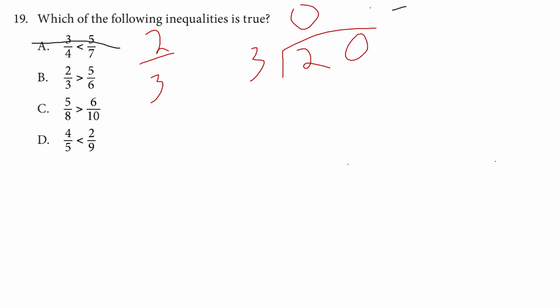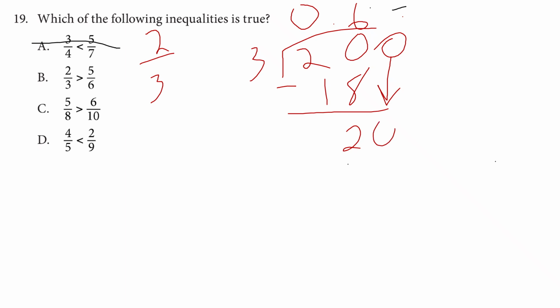When we add that first 0, we put a decimal point up at the top. 3 goes into 20 6 times. 6 times 3 is 18. 20 minus 18 is 2. 3 can't go into 2, so we can add another 0 here. Bring our 0 down. 3 goes into 20 6 times. And this is just going to keep being 6, 6, 6, 6.